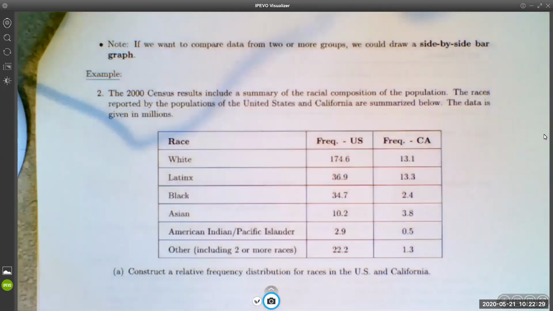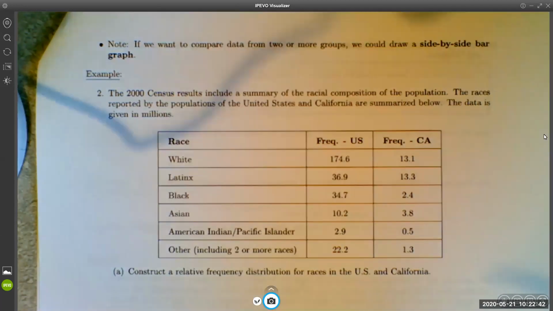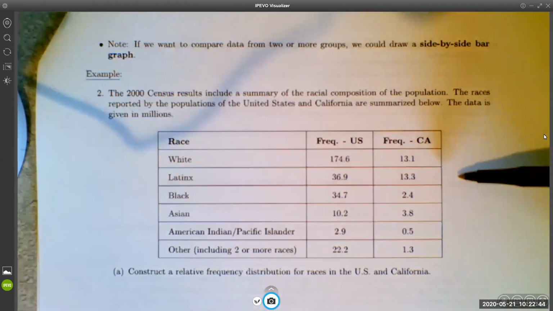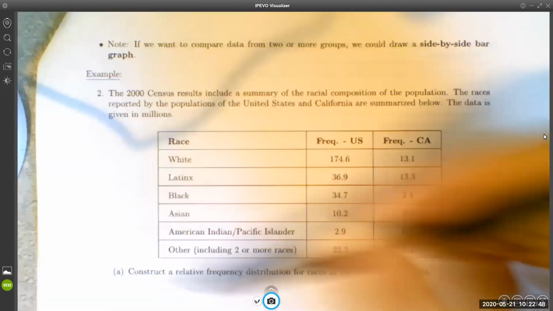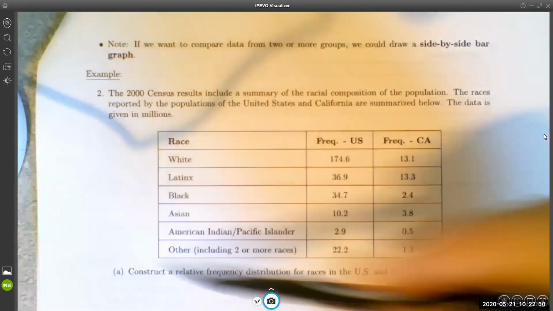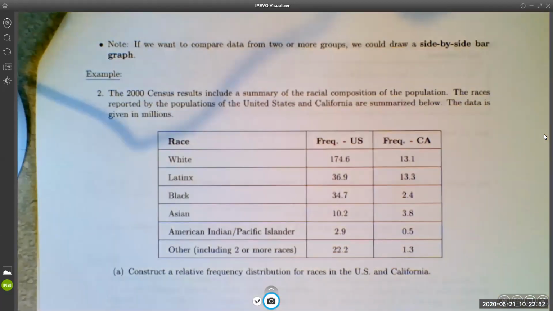It would have been a list of 300 million individuals saying like white, black, Latin, black, Asian, white, you know? It would have been like a list of that stuff. We're really grateful that we don't have the raw data here. We have a summary, right? They've already given us a frequency distribution, right? So this is a frequency distribution that they're giving to us.